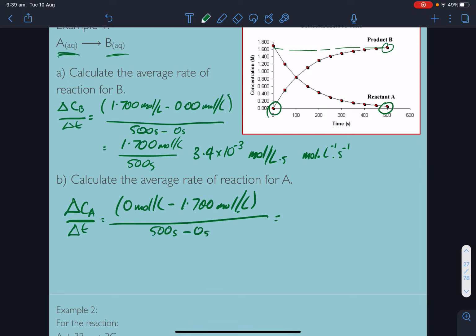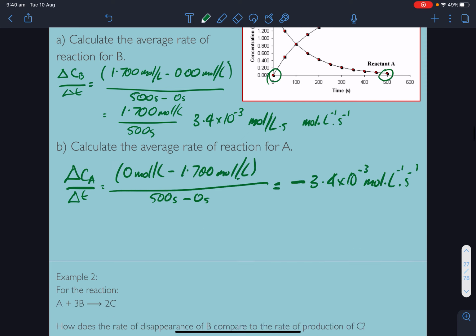Okay, notice the similarity here. It's just the same, but negative. Negative 3.4 times 10 to the negative 3 moles per litre per second. All right. That works out nice and good because we had a stoichiometry 1-to-1.